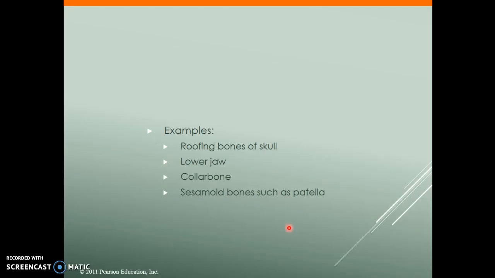So examples of this would be lower jaw, collarbone, etc.